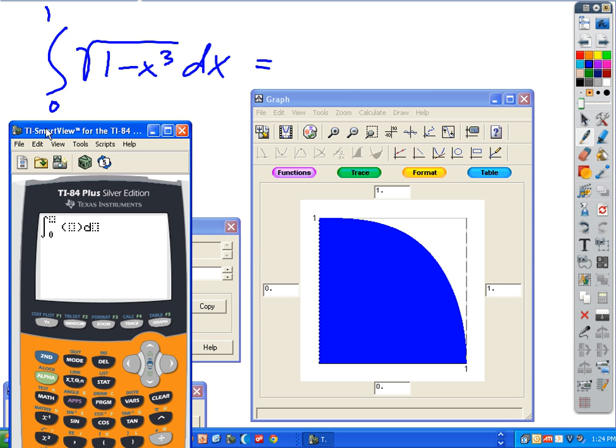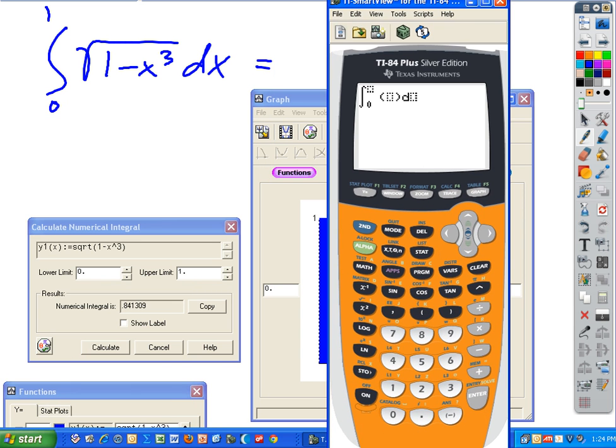So we go 0, 1, square root of 1 minus x cubed, X, and that ought to look familiar.